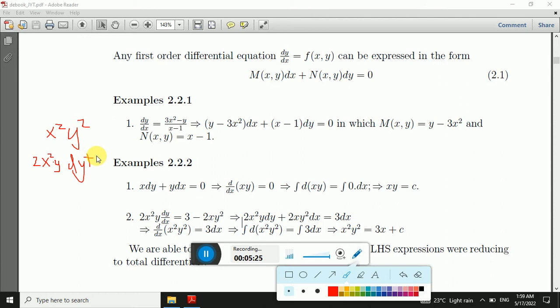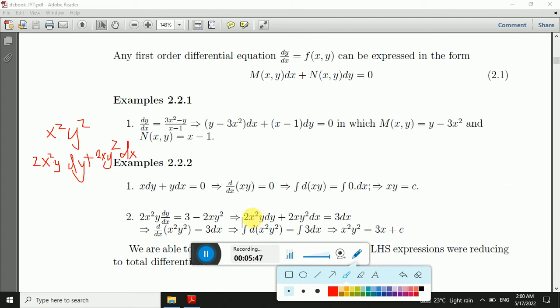That means we shall have 2x y squared. We've differentiated x, so we shall have the dx. Realize that this expression is the same expression that we have here.